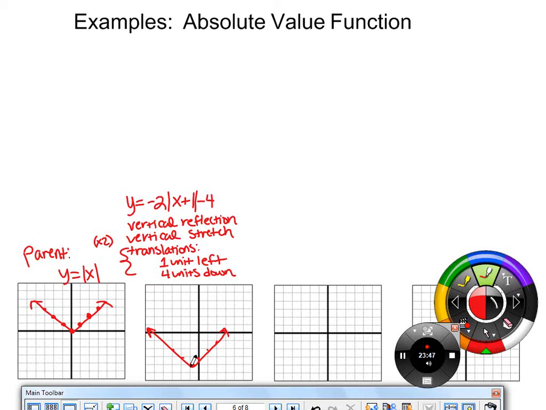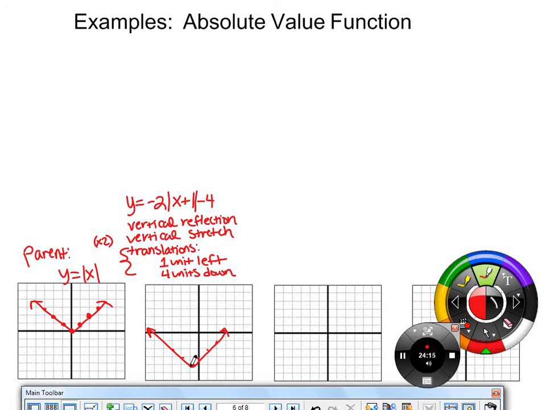But are the translations the only transformation that we have here? No, okay? What is the vertical reflection going to do to our graph? Yeah, it's a flip over the x-axis. So here's what I have to ask you guys. If you're going to literally flip it over the x-axis, you need to do it before you move it. Because if we flip it over the x-axis now, the vertex is going to end up in the wrong place, right?